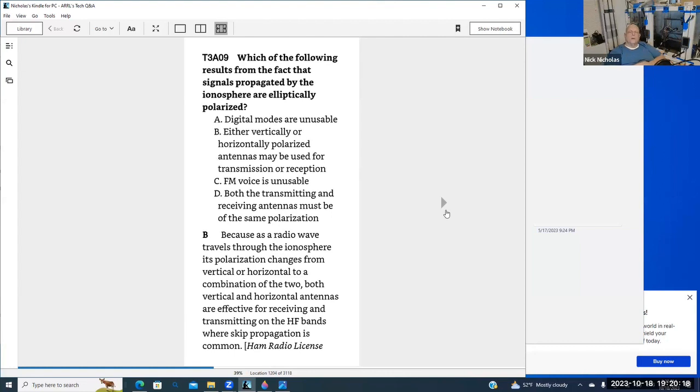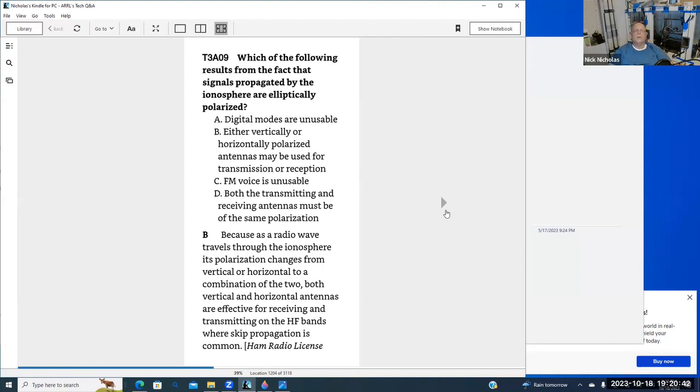Which of the following results in the fact that signals propagated by the ionosphere are elliptically polarized? This is what I tried to describe a little earlier. Either vertical or horizontally polarized antennas may be used for transmission or reception. B is the answer.